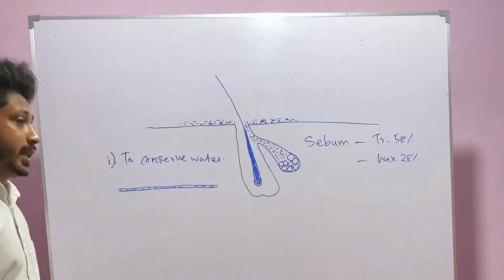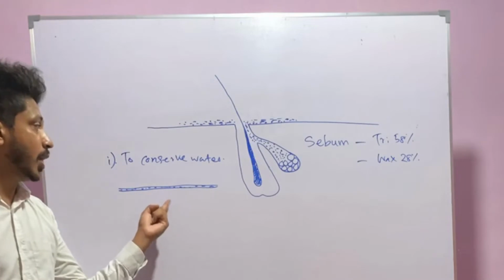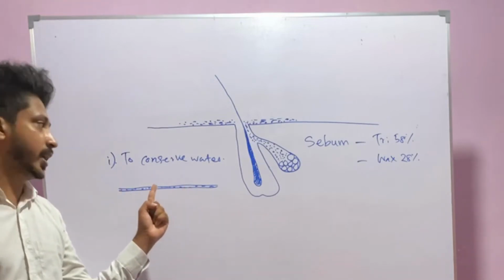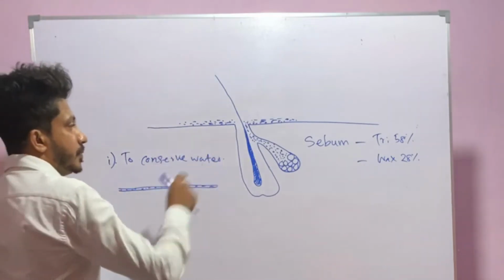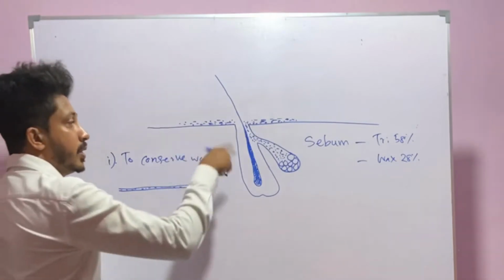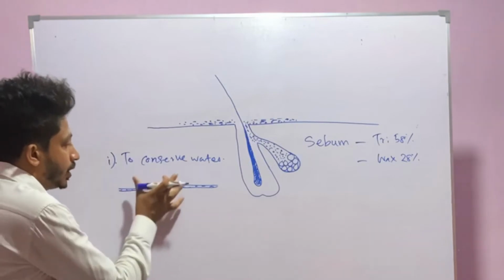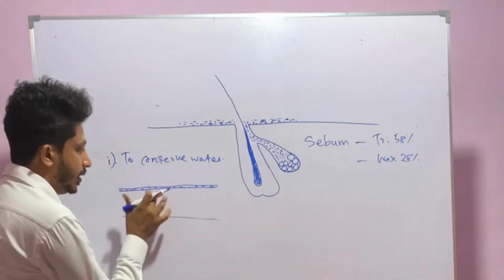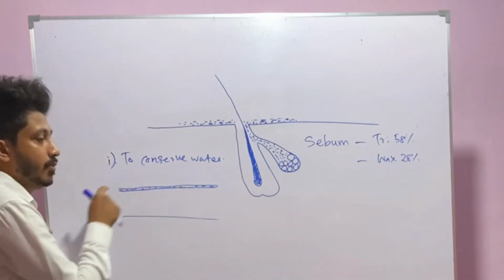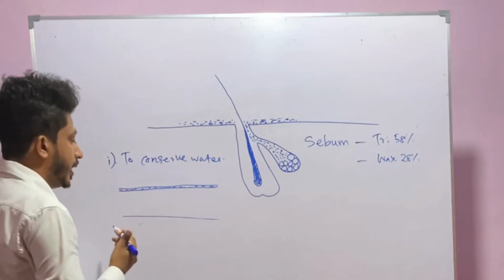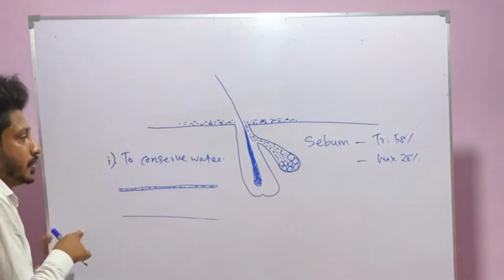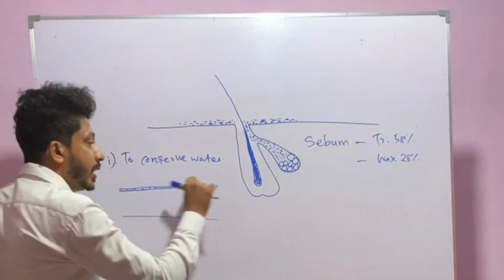But in the lipid lesson I didn't tell you how this lipid layer is formed. That is why I decided to tell you about how a pimple is formed. So this is the lipid layer. This is our skin. At the top of our skin we have a small lipid layer, oily layer.